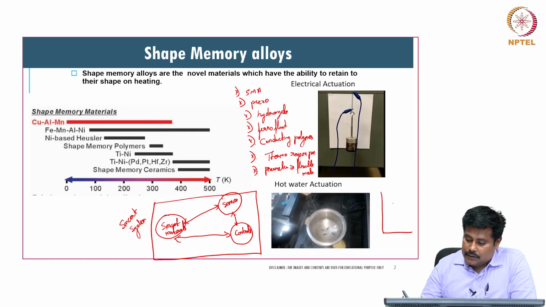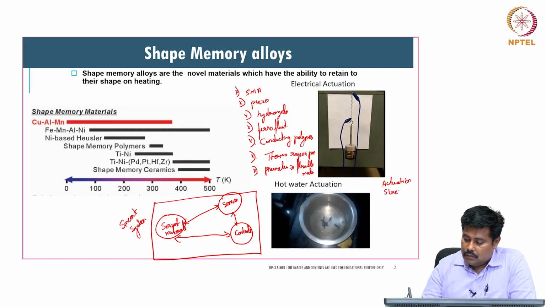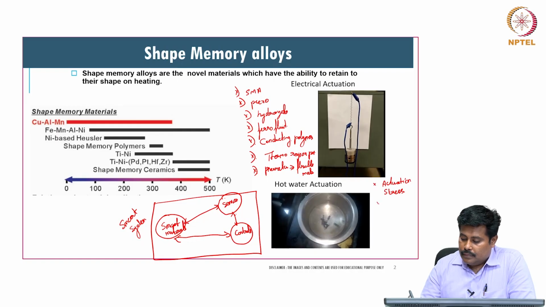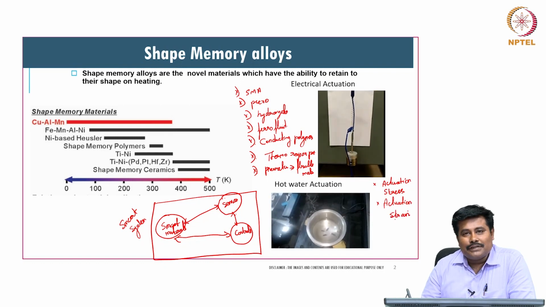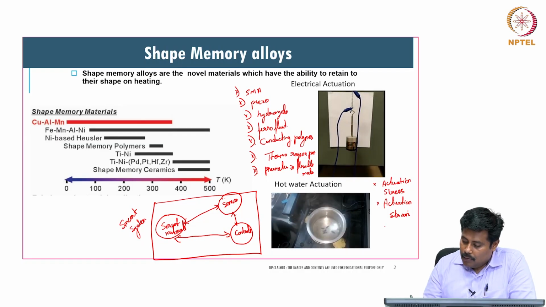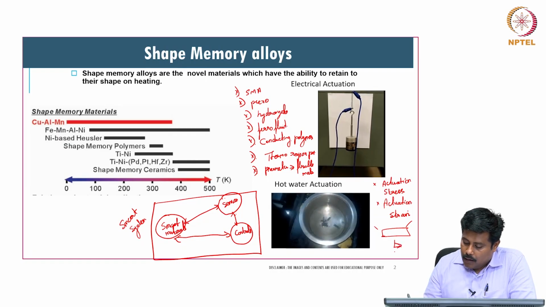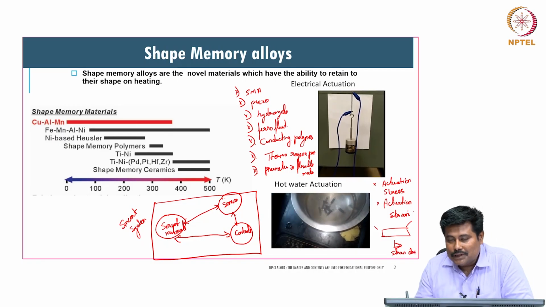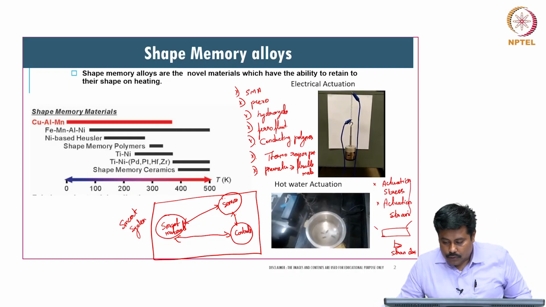One parameter is called the actuation stress, and the other parameter is called the actuation strain. Actuation stress is nothing but the amount of load applied on it, and the actuation strain is the amount of strain which gets displaced out of it.